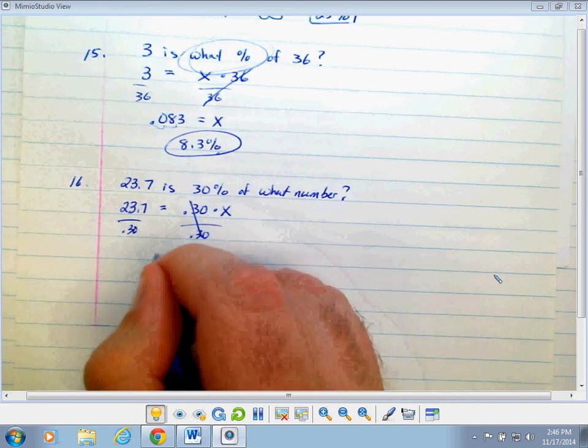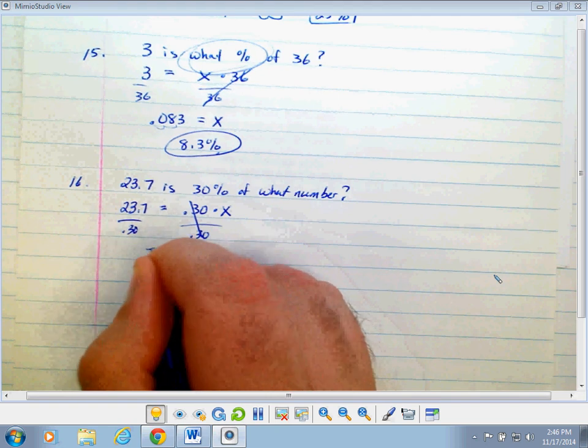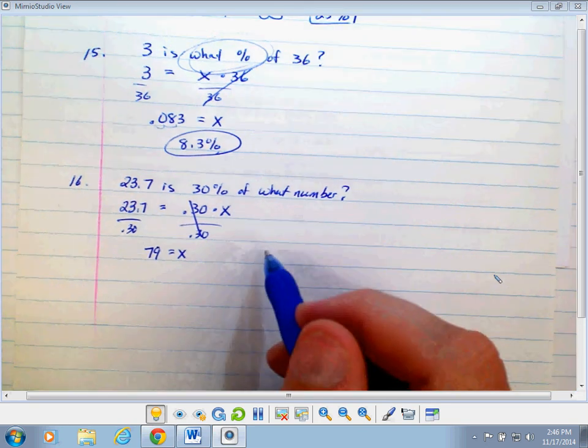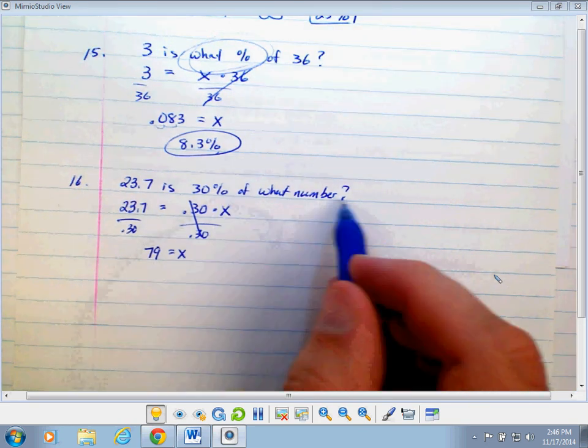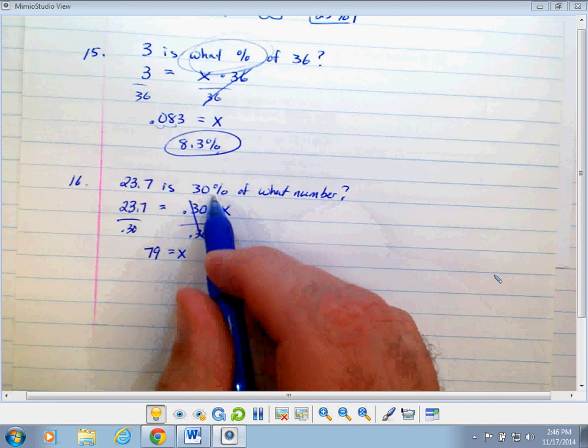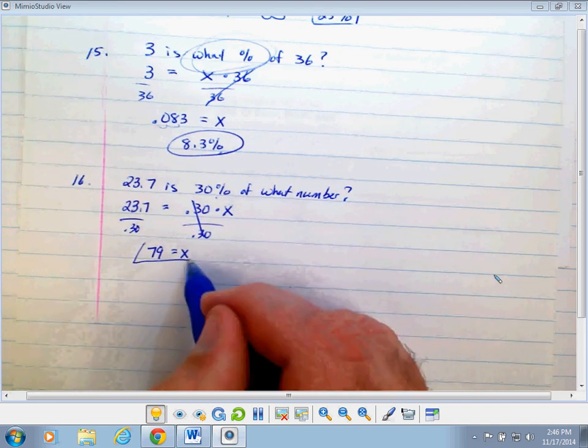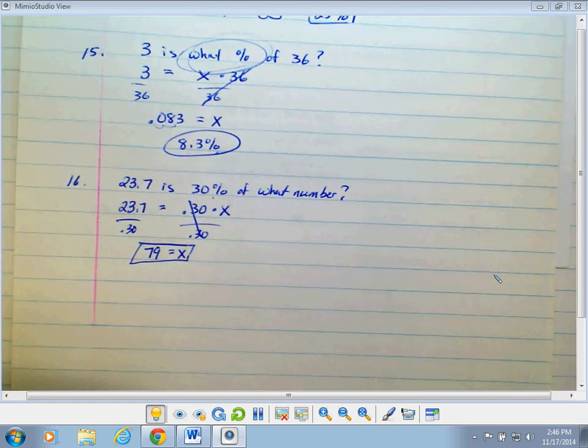And what happens is we get 79 equals x. Okay, if you look at our original problem, we were not asking for a percentage in this case. The percentage was given to us. So I wanted a normal number, so I don't need to move anything this time. That is the final answer.